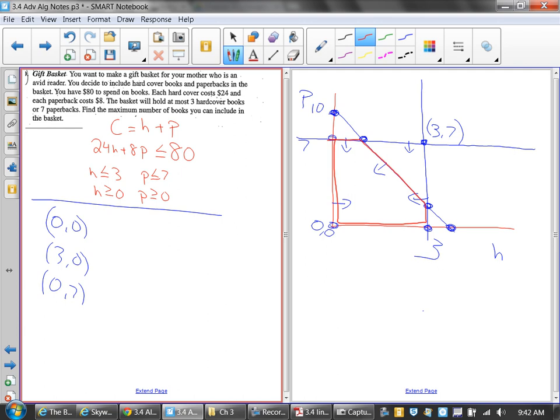Now, in order to figure out these 2 guys, what's the x coordinate at that point? 3. What's the y coordinate at that point? 7. So 3 times 24 is how much? 72. Very good. 80 minus 72 is what? 8. 8 divided by 8 is? 1.